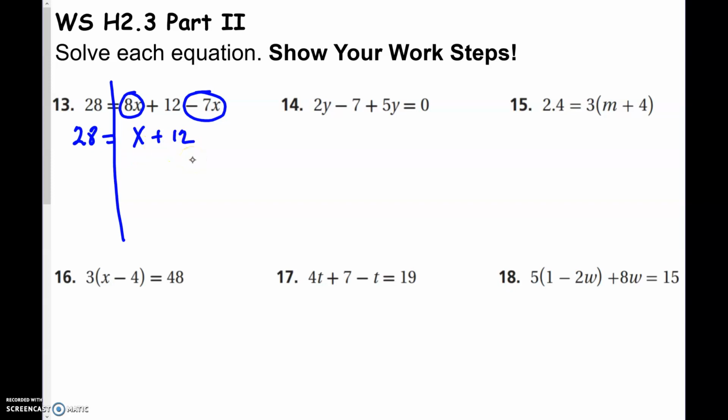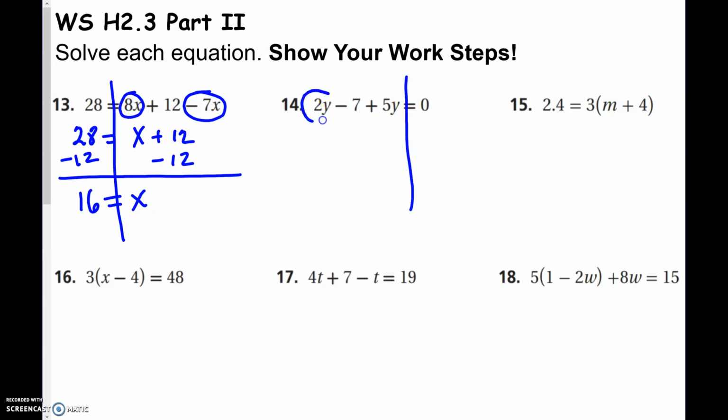The opposite of a plus 12 is subtracting 12, and so we get 16 equals x. And that's it. We don't have to divide. There's no coefficient or number in front of x other than the 1. So 1x equals 16.